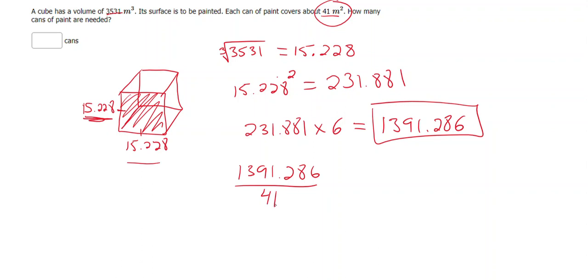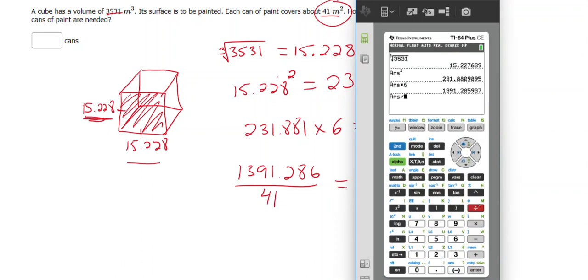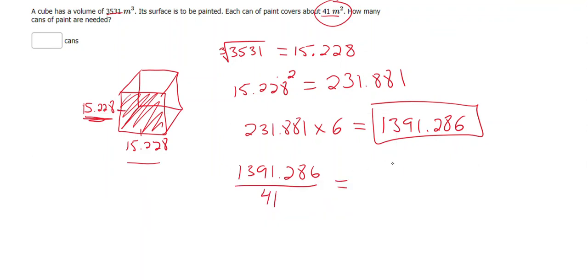So I'm going to divide it by 41, and I get 33.9. Okay, so 33.9, but if it takes 33 cans and then 0.9, well, I'm going to need that to go up to 34 cans, aren't I? I can't buy 0.9 of a can. So in the end, I need to buy 40 cans.